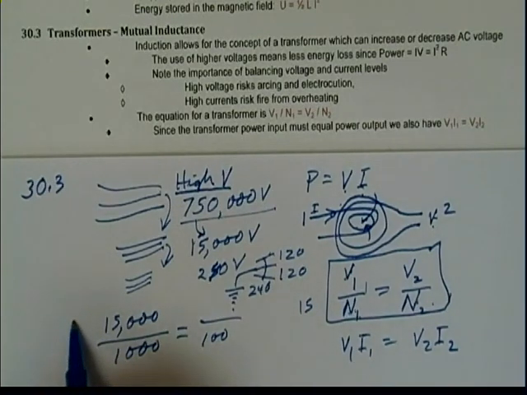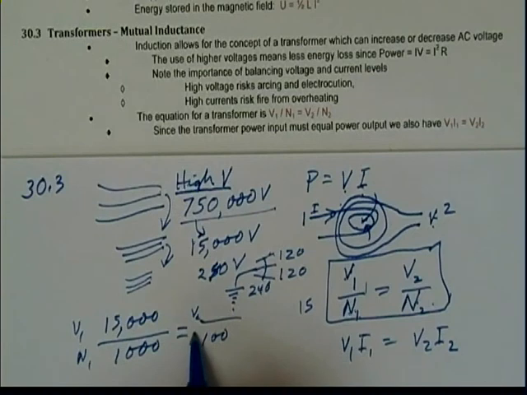So this would be V1 and N1, this would be V2, and this would be N2. Well, you can solve this in your head. 1,000 into 15,000 would give us 15, and that 15 times 100 would be voltage 2 equal to 1,500 volts. And that would be the output from this type of transformer.